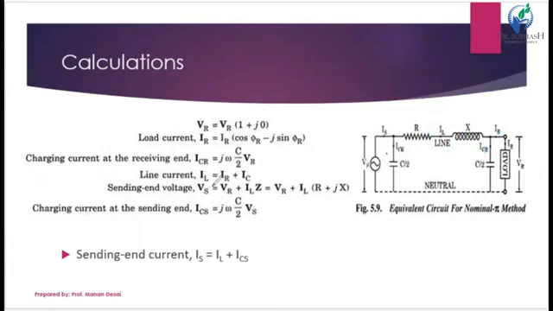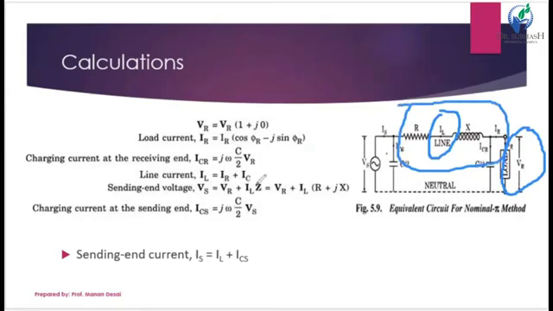Now VS, the sending end voltage, is equal to VR plus ILZ, where Z is the transmission line impedance. So VS is equal to VR plus IL times R plus jX.